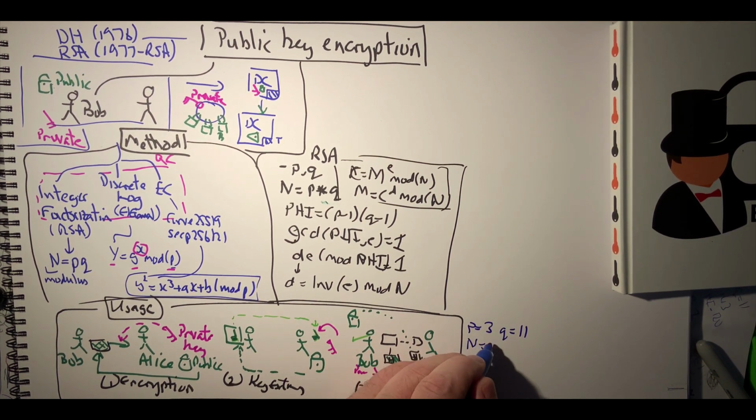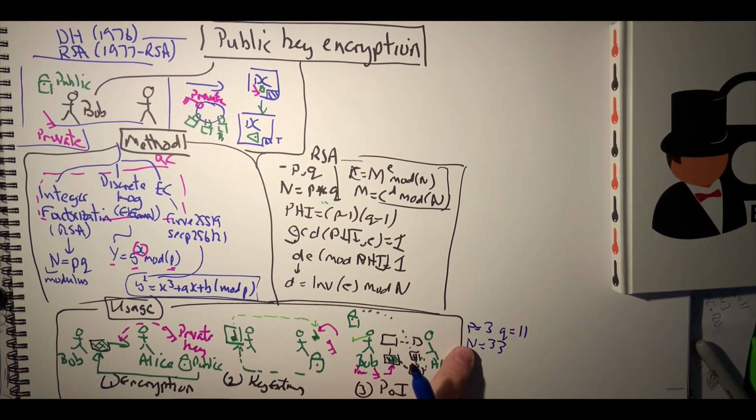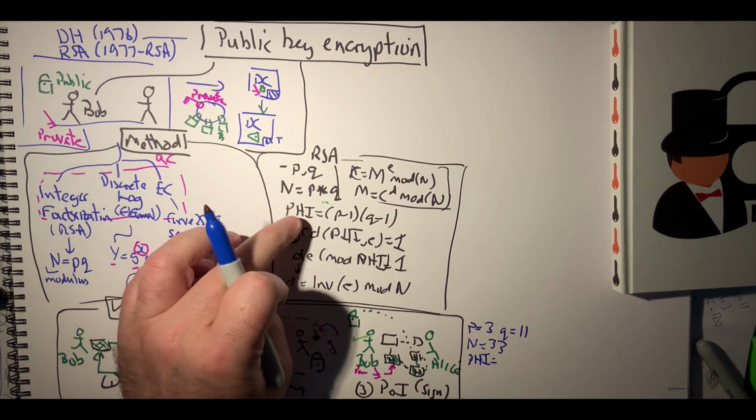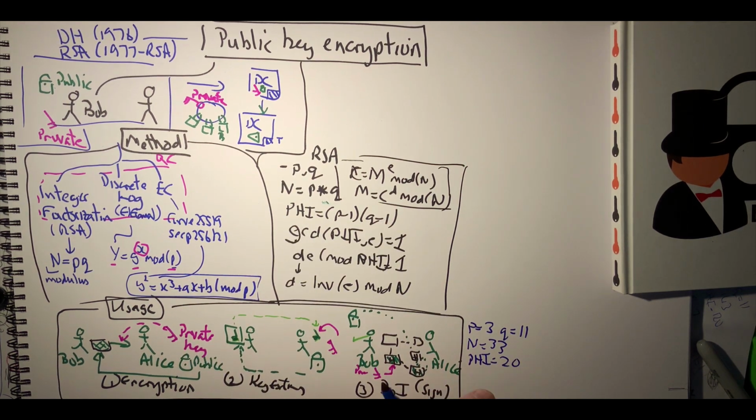So n becomes 33. So the modulus in this case is a value of 33. Then we can work out phi, and phi is equal to 2 times 10, which is 20.